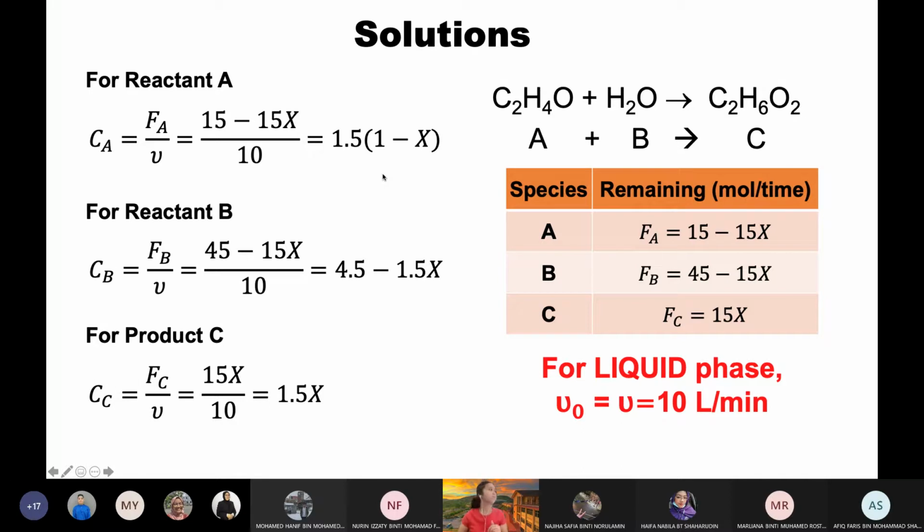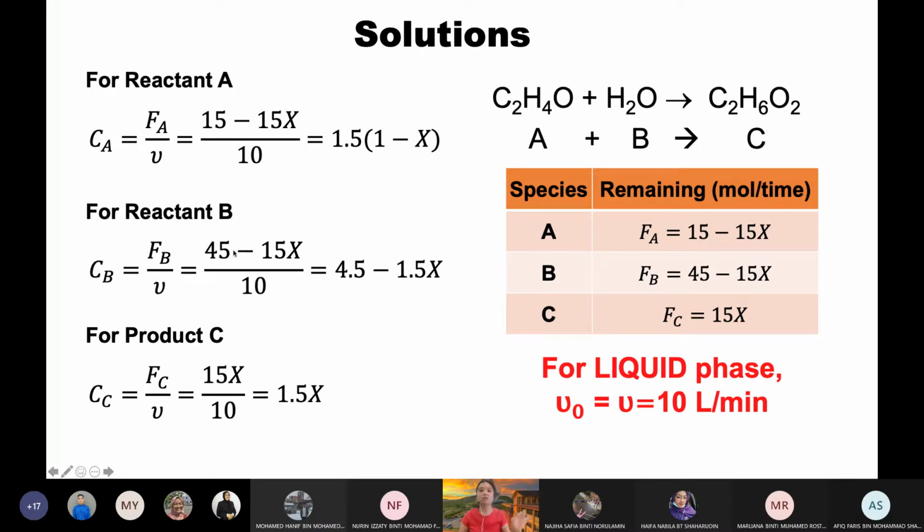Done. For B, so outlet concentration of B equals to outlet molar flow rate of B over outlet volumetric flow rate. So outlet molar flow rate of B from the table 45 minus 15x. Outlet volumetric flow rate sama konsep because liquid, outlet inlet volumetric flow rate sama, we replace as 10.